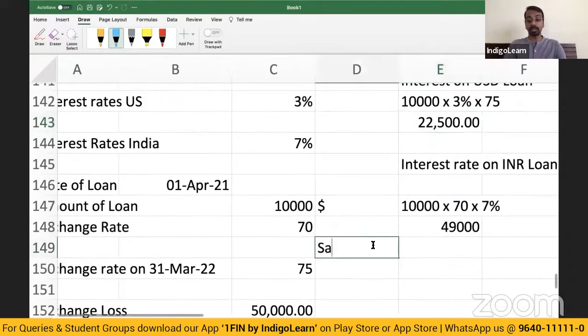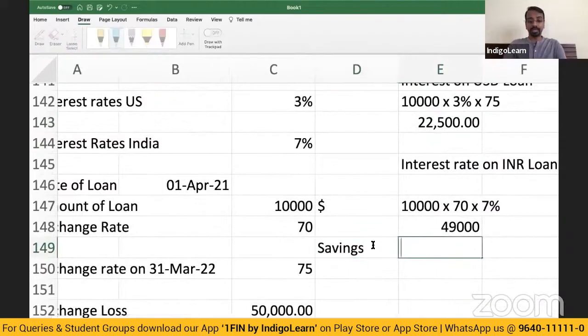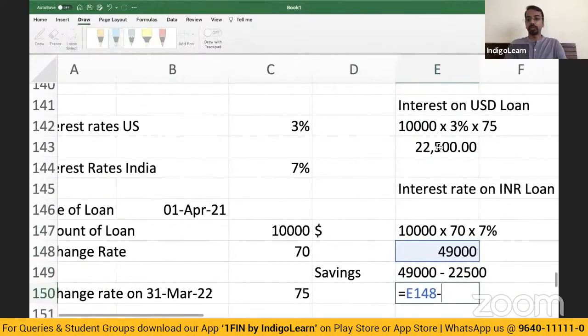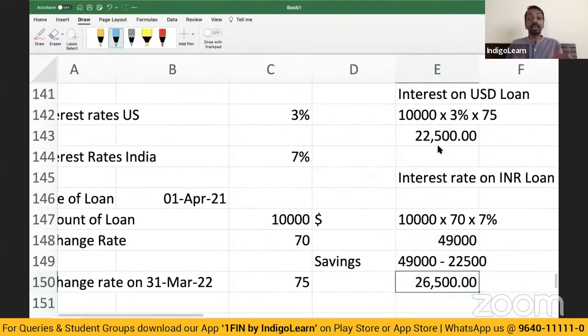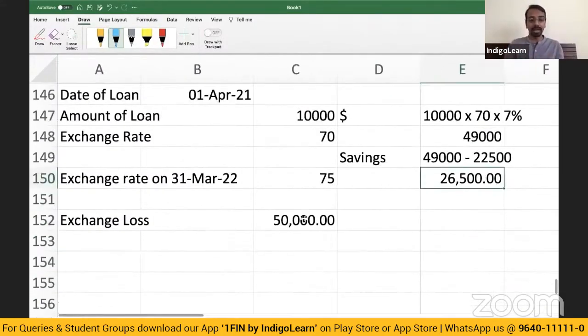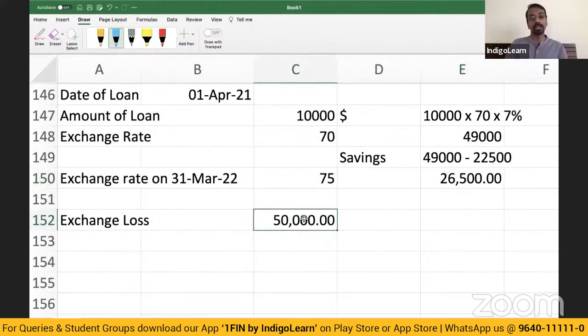What is the savings in interest? 49,000 minus 22,500, which is 26,500. I saved 26,500 on interest, but I paid 50,000 extra by way of exchange loss. Now, what the standard says is, out of this exchange loss, how much is compensating your savings in interest? Entire 26,500.